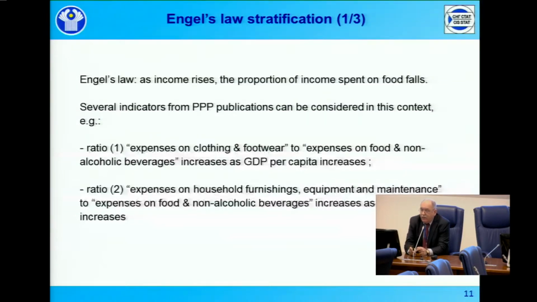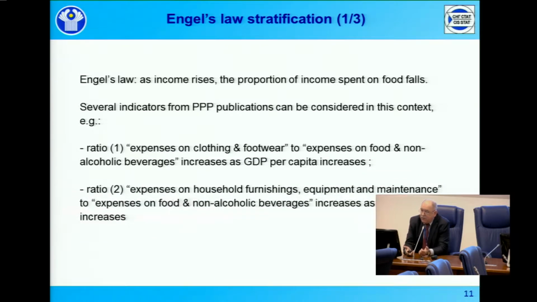For instance, Engel's law, formulated in the 19th century, the idea of which is that as income rises, the proportion of income spent on food falls. We can illustrate this with at least two ratios calculated from the PPP results.